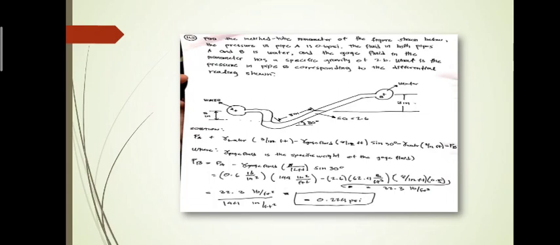Then 32.3 pound per feet squared over 144 inch squared per feet squared is equals to 0.224 psi.